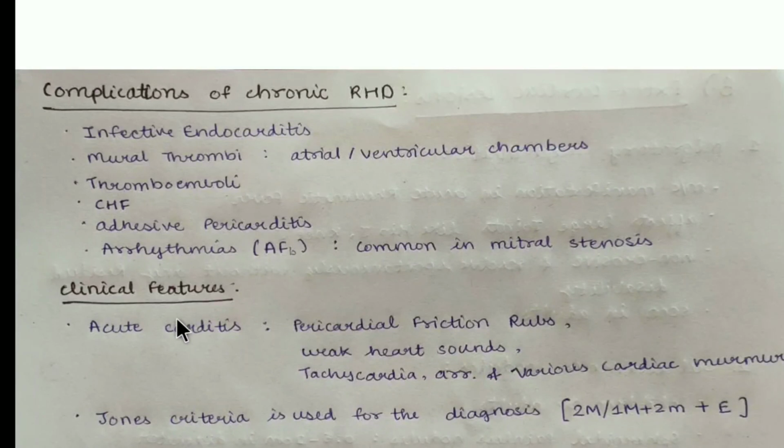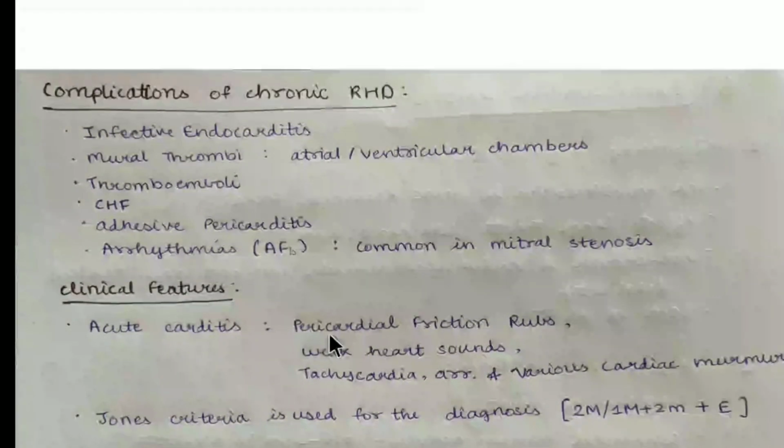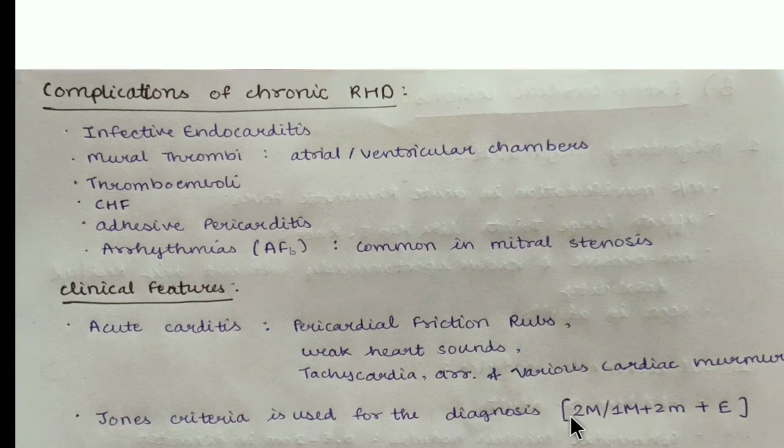Clinical features: acute carditis, pericardial friction rub, weak heart sound, tachycardia, arrhythmia and various cardiac murmurs. The Jones criteria is used for the diagnosis. You remember, 2 major or 1 major plus 2 minor along with essential criteria is a must for the diagnosis of rheumatic heart disease.